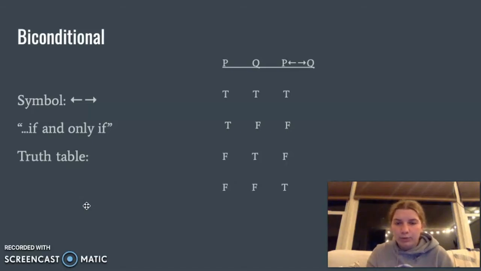Row 3, P is false, Q is true, they're different, so the biconditional is false. But for the last row, we see false, false. These are the same, so the biconditional is true.